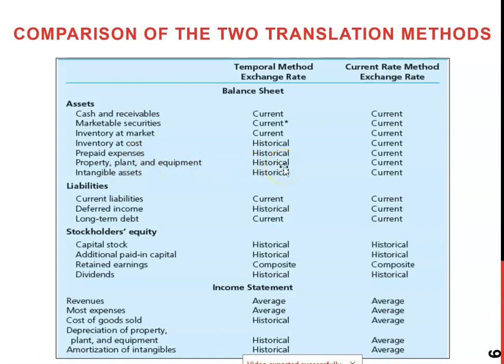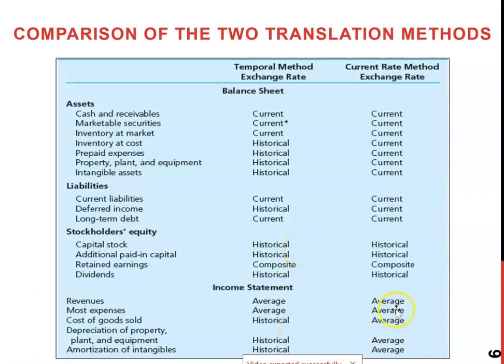When we convert any plant, property, equipment for a foreign subsidiary's balance sheet, and that's in another currency, you have to look at when you first recorded that plant, property, equipment, what was the exchange rate on that day. That means when you purchased and recorded those items, that day's rate will be the historical rate. So this is how you will convert the items, either using the current rate or historical rates.